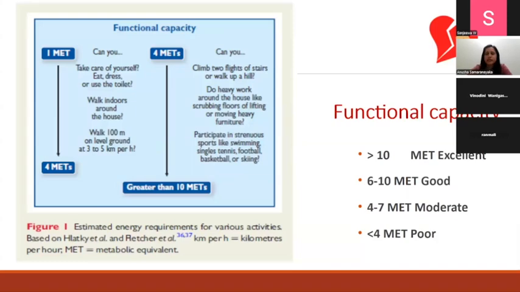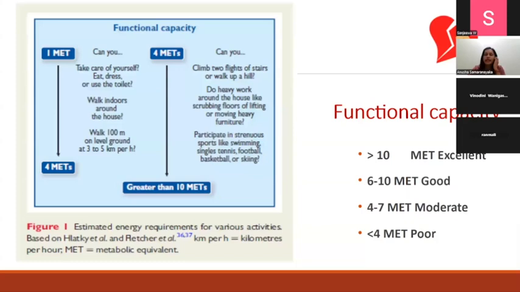If the functional capacity is good, we say that the patient has a reasonable physical strength or fitness to undergo a major or intermediate risk surgery. We can assess the functional capacity using the MET score, or else the Duke Activity Status Index. In both, we assess the physical activities the patient can do, and depending on that, we give a score.